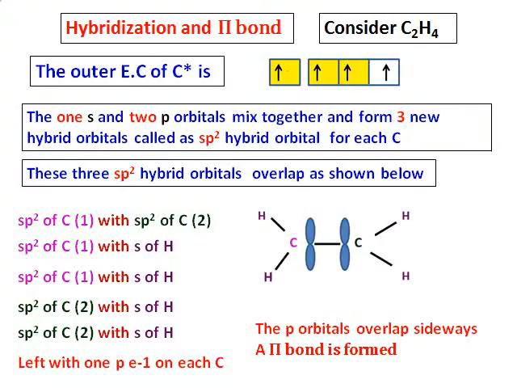So basically a pi bond is formed by the overlap of two p orbitals sideways. The hybrid orbitals are not involved in this. We will continue further and identify the different kinds of bonds we have over there.